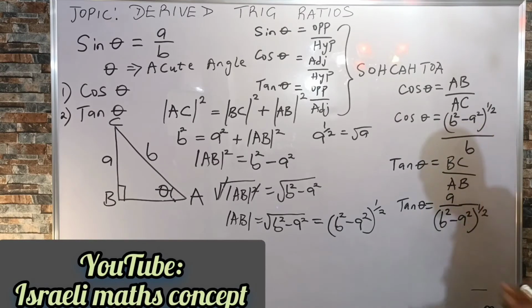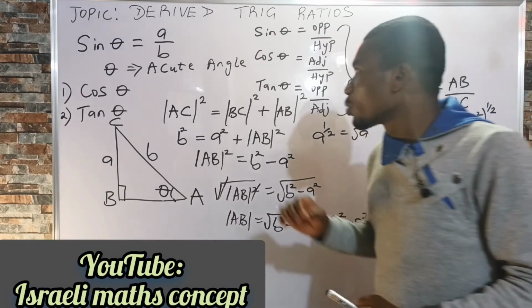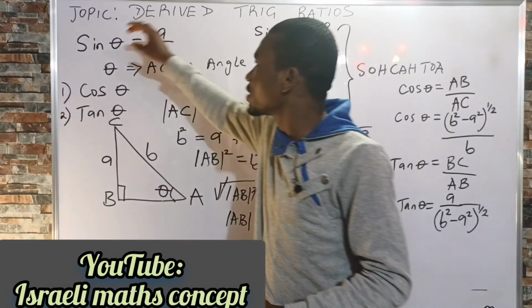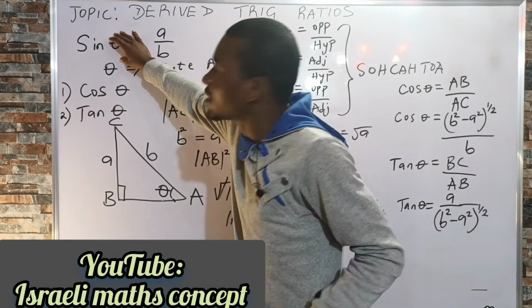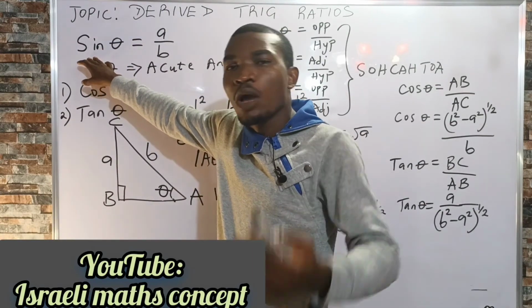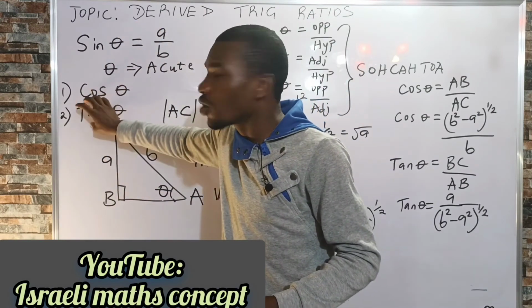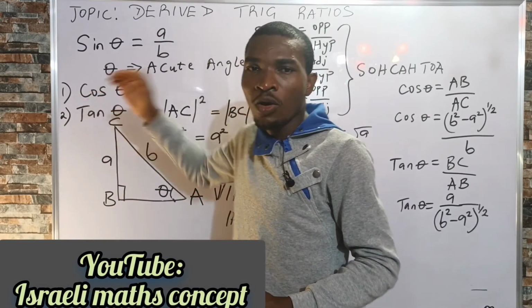So what are we learning from this topic? It is very simple. Whenever we are given the trigonometric ratio of any identity, either sine or cosine or tangent, and then we are asked to derive the trigonometric ratios of other identities, what do we do?